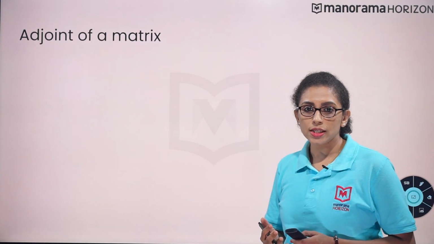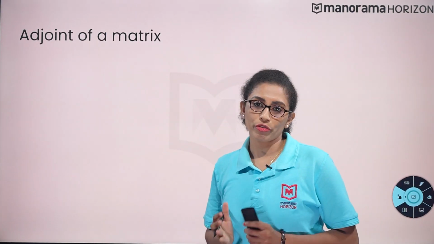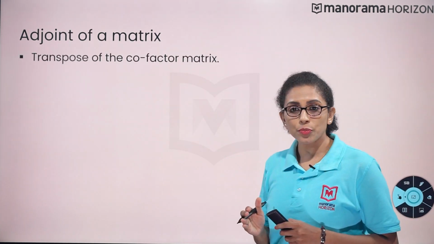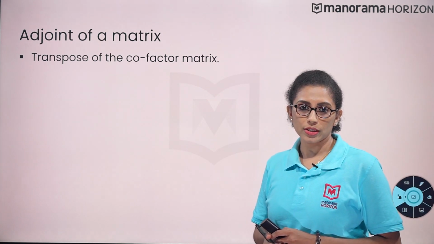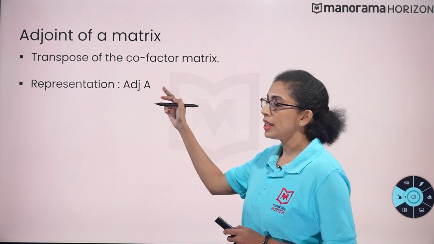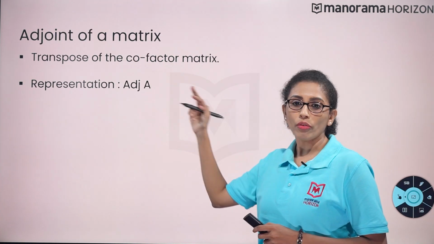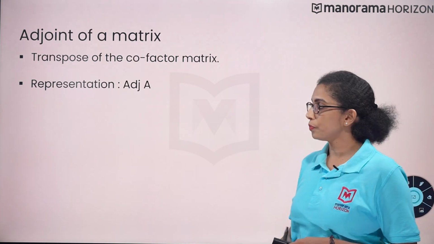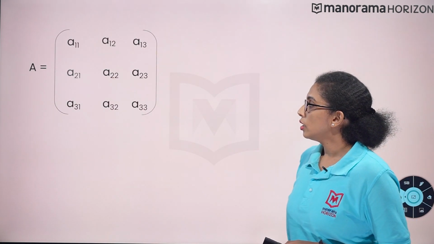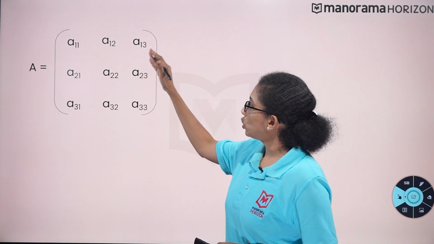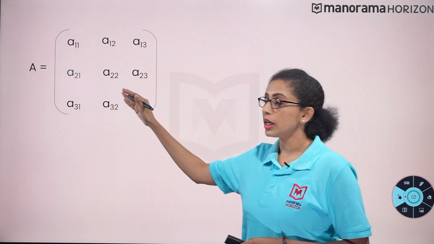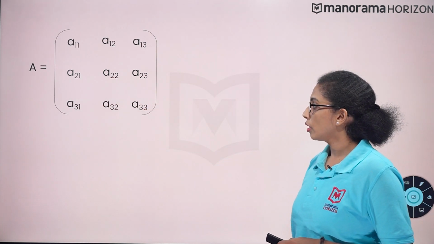Next, we shall discuss about adjoint of a matrix. Adjoint of a matrix is defined as the transpose of the cofactor matrix. It is represented by adjoint A, that is Adj of the matrix capital A. Let A be equal to matrix A11, A12, A13, A21, A22, A23, A31, A32, A33.